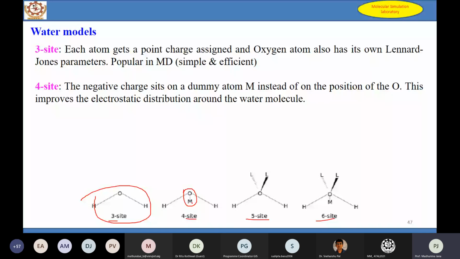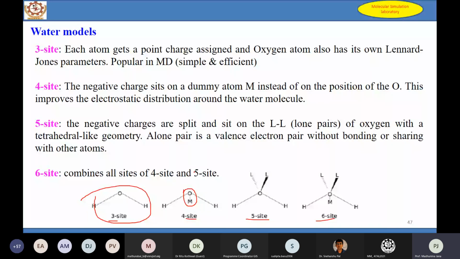In the 5-site model, negative charges are split and sit on the 2 lone pairs of the oxygen atom. But when we use 5-site or 6-site, the computational cost is very high. Generally, for additive force fields we use the 3-site model and sometimes the 4-site model.